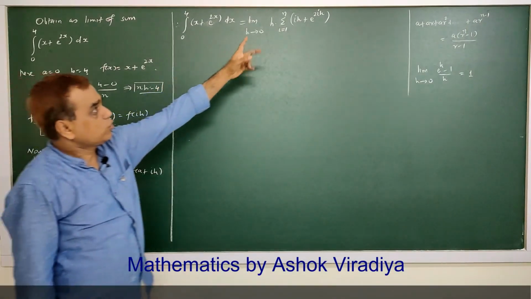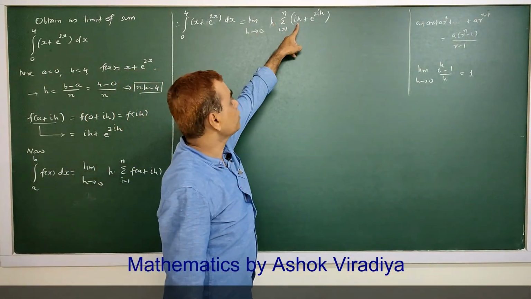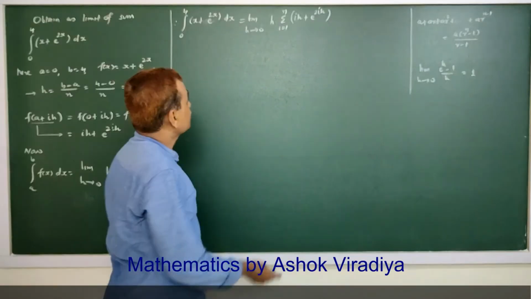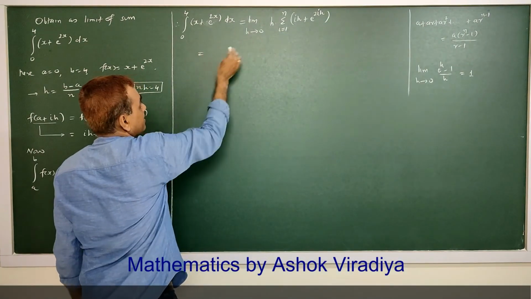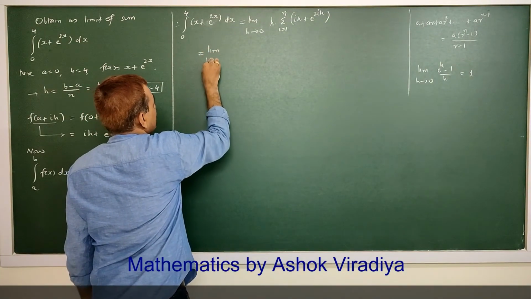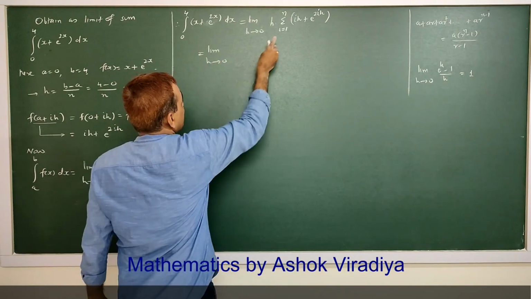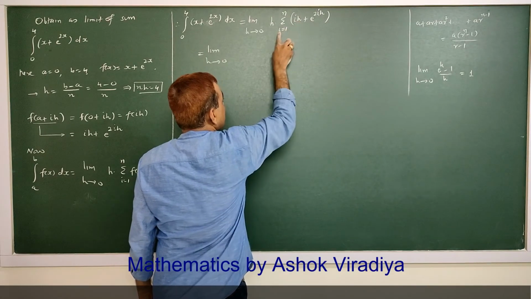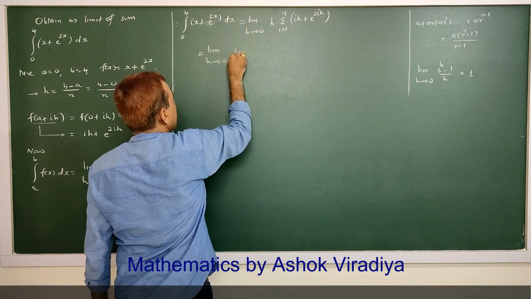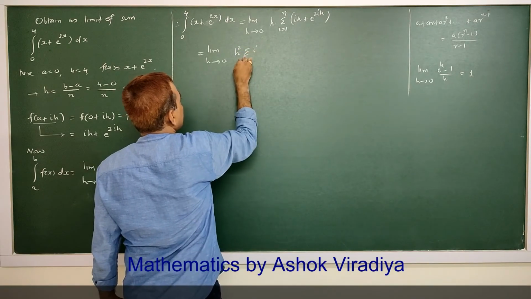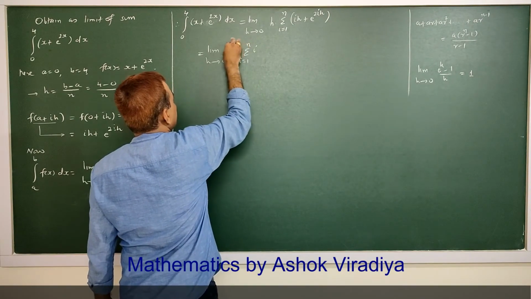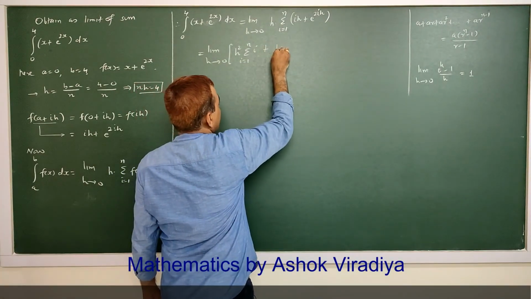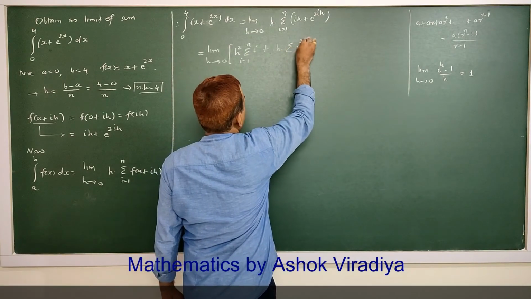Now here we are getting two groups: the sigma i group, and next a geometric progression. So separating, limit h tends to 0, h into sigma ih. h is constant for sigma, so take it out, so h square sigma i equal to 1 to n, plus h into sigma e raised to 2ih.